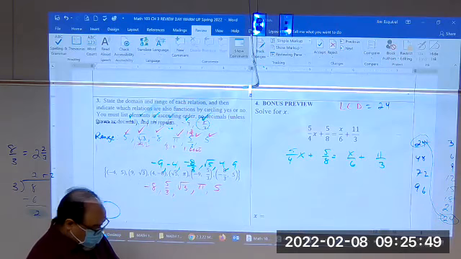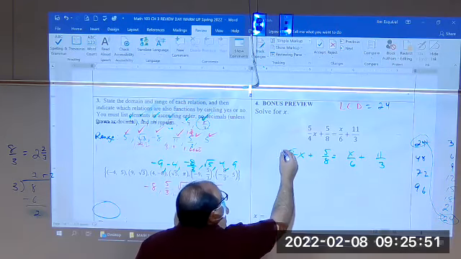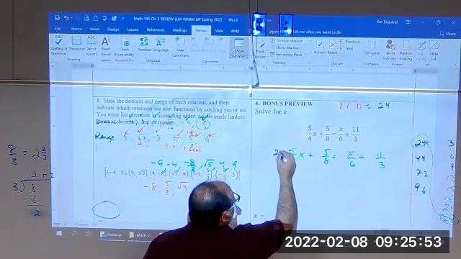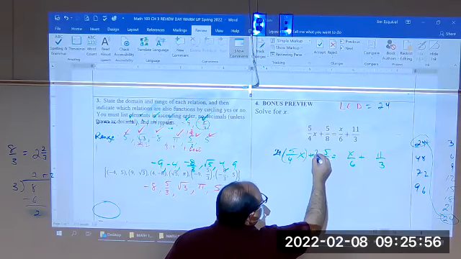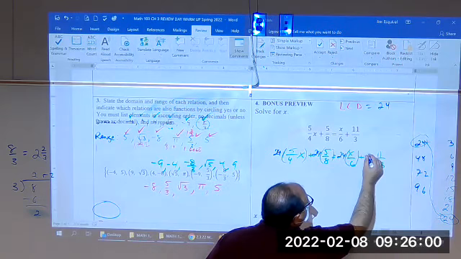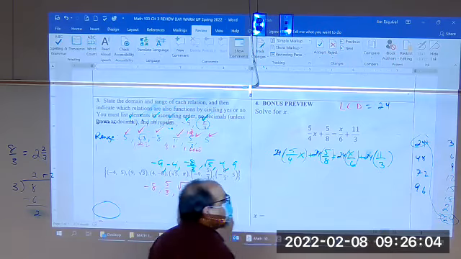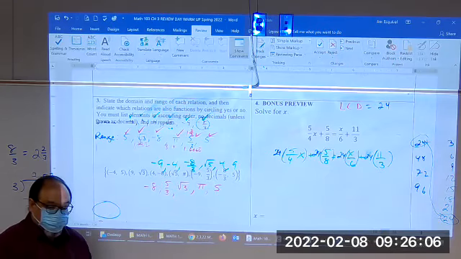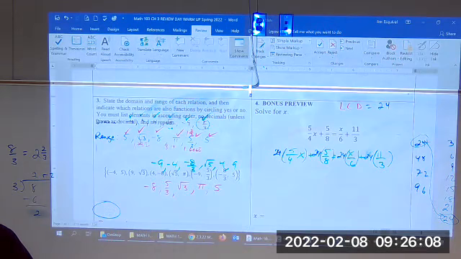Everybody gets multiplied by 24. So you get a 24, you get a 24, you get a 24, and you get a 24. Now remember why we're doing it: to undo the fractions.